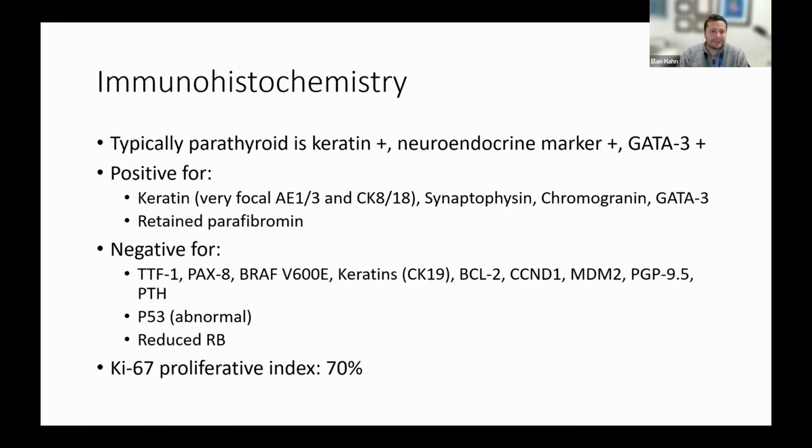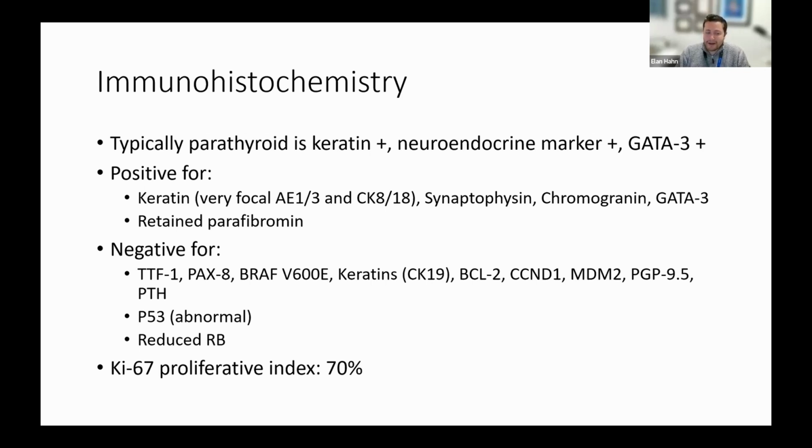no tumor necrosis. On immunohistochemistry, typically we're expecting parathyroid carcinoma to be positive for keratins and neuroendocrine markers, as well as GATA3 and PTH. So this tumor was positive for keratin, but it was very focal. It was positive for GATA3 and neuroendocrine markers, synaptophysin and chromogranin. It had retained parafibromin, which can be lost in parathyroid carcinoma.